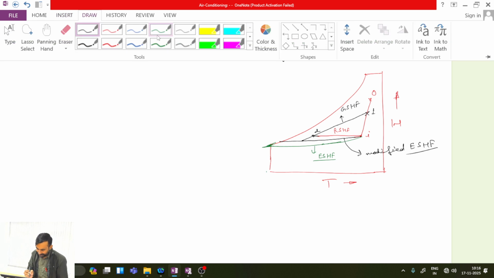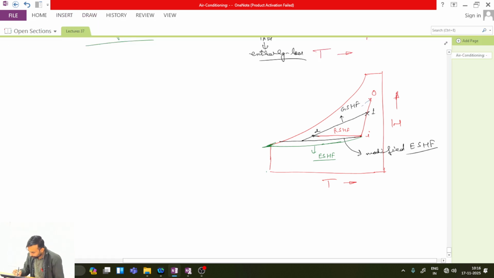If I extend O and 2, then it will meet the modified ESHF line at point 2 dash, which we typically call the actual supply state. The state over here will be 3, and process 2 to 3 will be my reheating process.